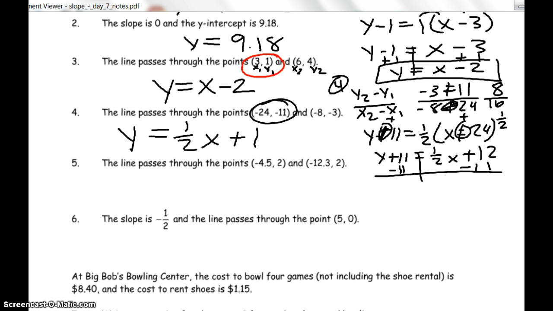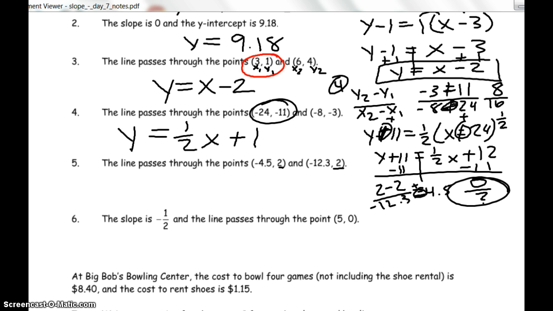Number 5 is using decimals. It's just the same idea, so you guys can consider that. But when we look at our y values, we're going to have 2 and 2. So if we find the slope, that's 2 minus 2 on top, over -12.3 minus -4.5. So although the decimals look kind of scary, we're going to get 0 divided by something.